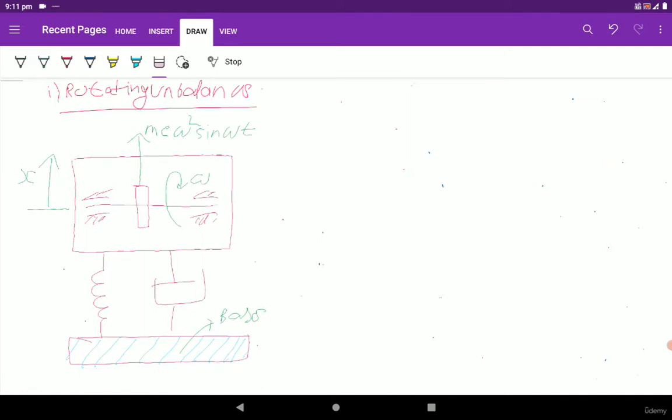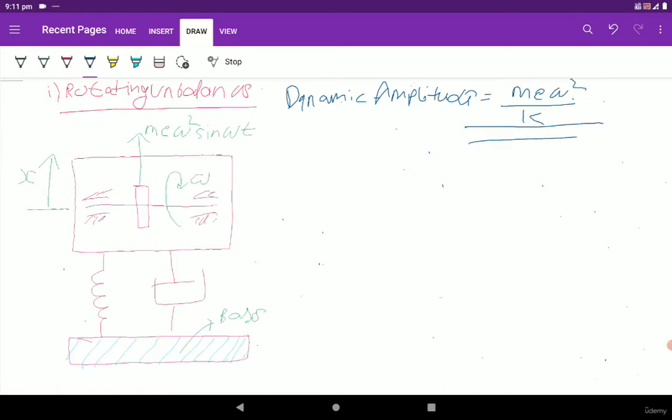So we can write the dynamic amplitude is equal to small m e omega square, divided by k, divided by under root of (1 minus r square) whole square plus (2 zeta r) whole square. So we know that omega n is equal to under root k by M, which is that capital M omega n square is equal to k.